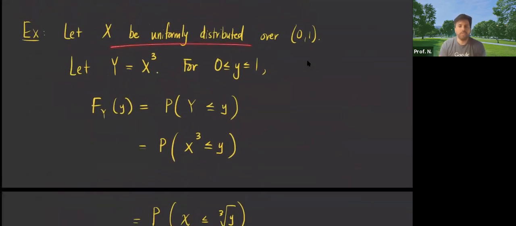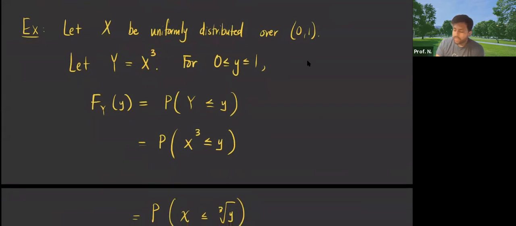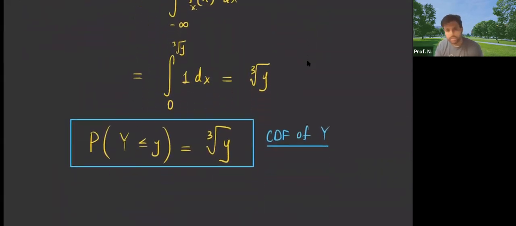It's uniformly distributed over one. That's very specific. So this new random variable y is a function of the uniform random variable x. I'm cubing it.